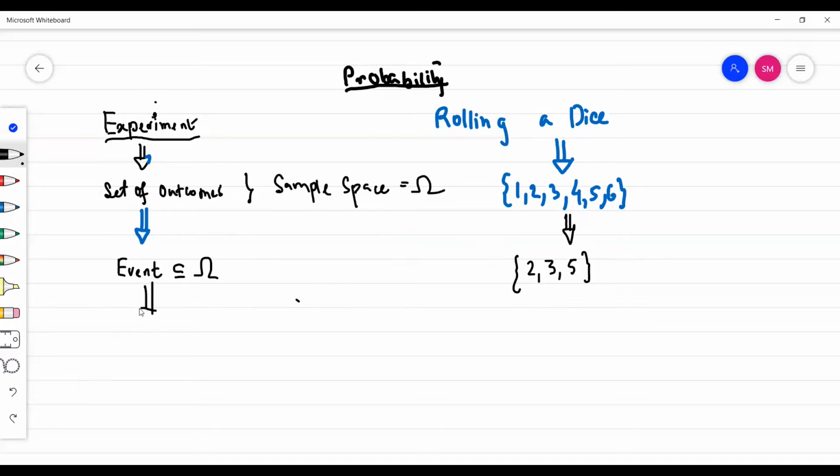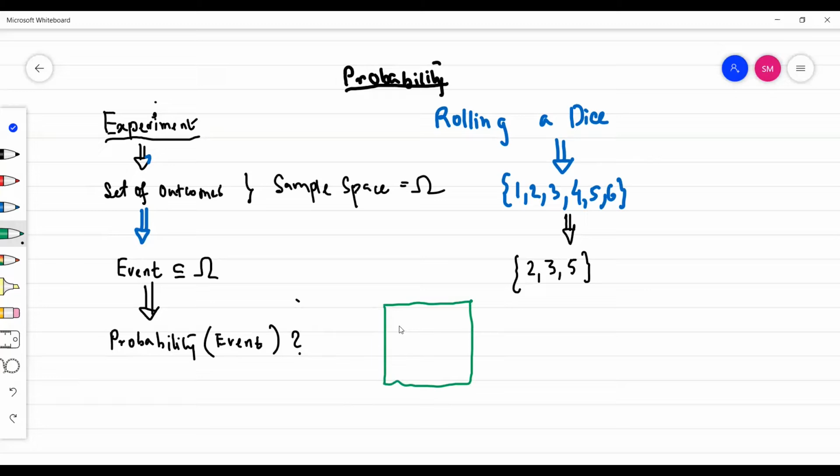Now we want to understand the probability of this event, the chance of this event. There are various methods to it, and I will tell you how people started thinking about it.